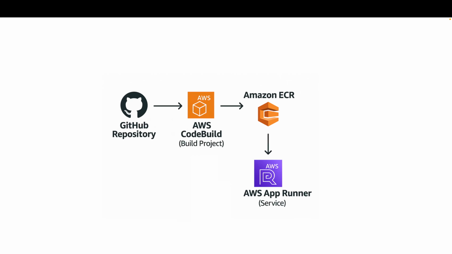From the ECS point of view, ECS is quite a bit more complex, for multi-container setups. ECS is best for complex multi-container applications, if you have multiple containers you want to run, and you need fine-grained control over container orchestration. You also need a little bit more networking and security configuration for ECS, and integration with other AWS services as well.